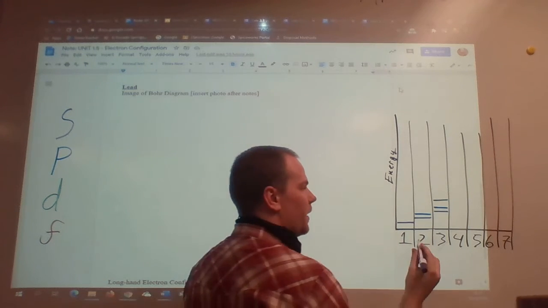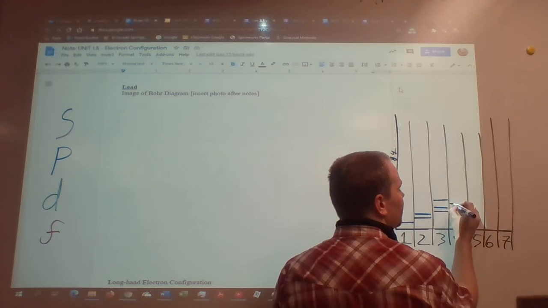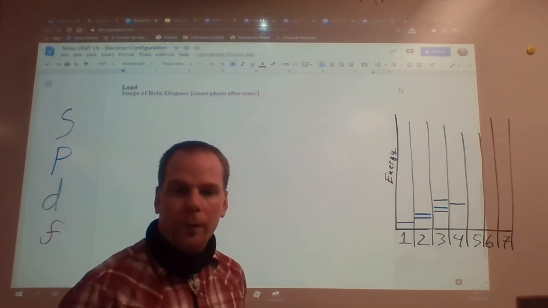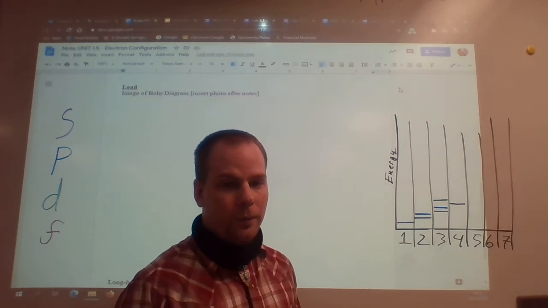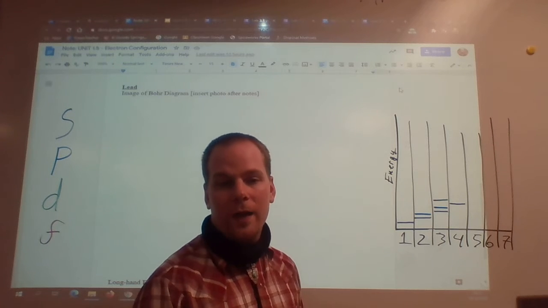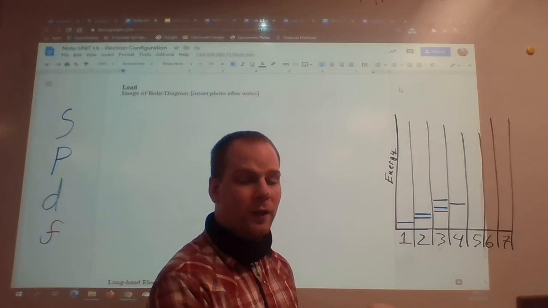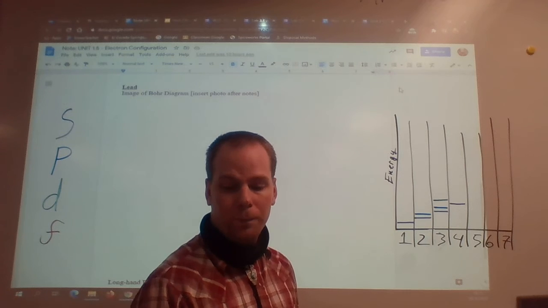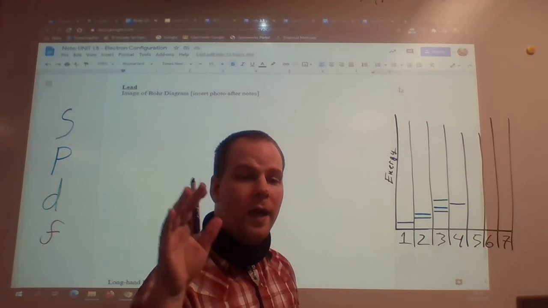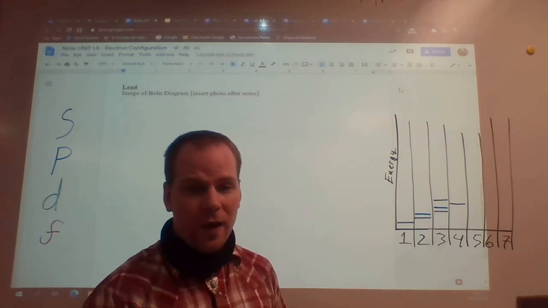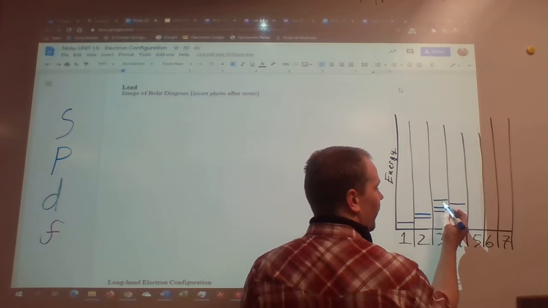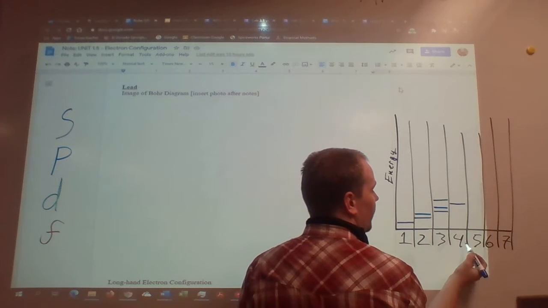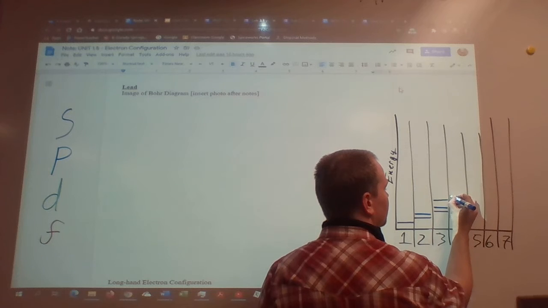The 4s subshell is lower energy than the 3d subshell. So because of that, the 4s subshell fills first, before the 3d does. After 4s fills, then 3d fills, and then after 3d, we get 4p.